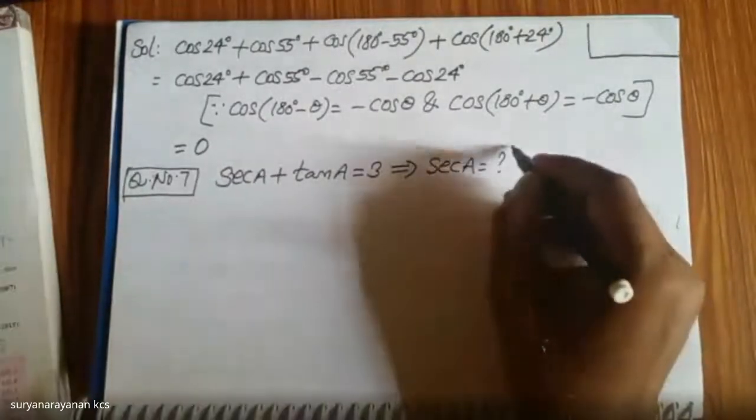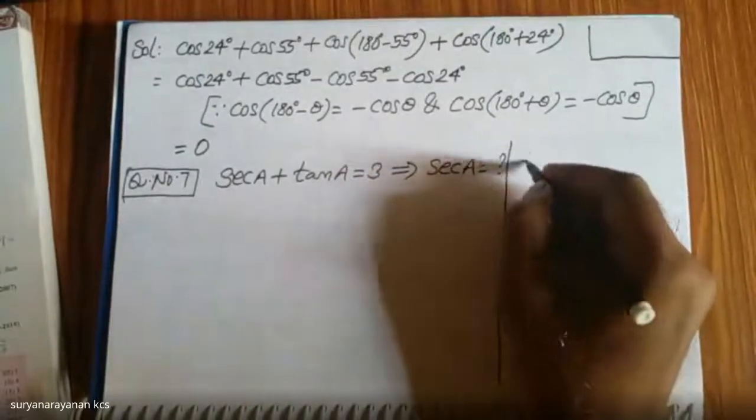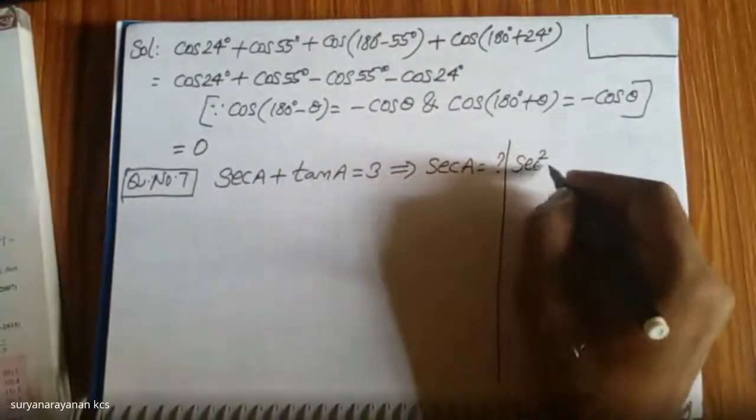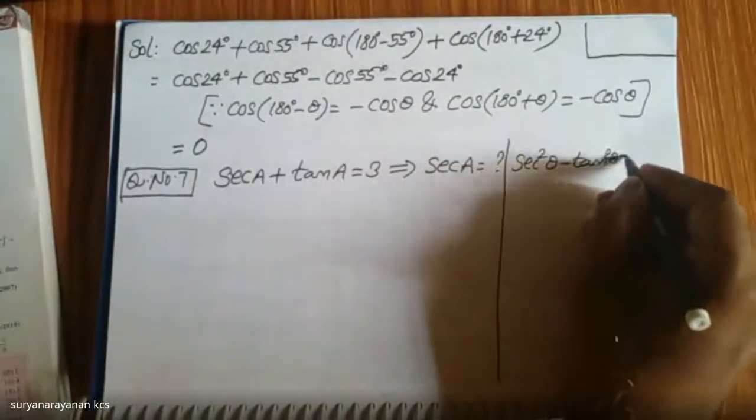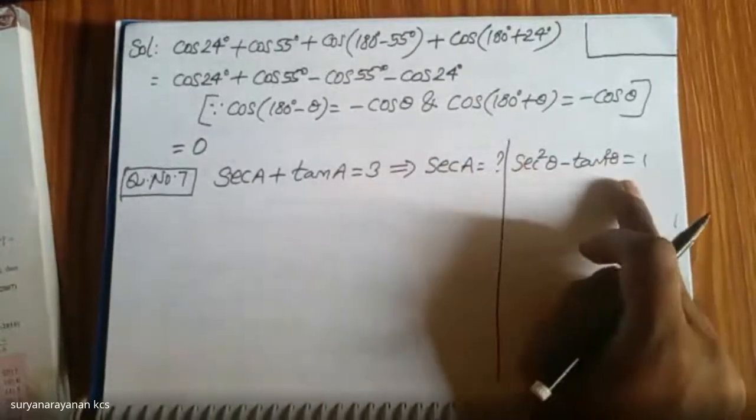You know that secant square theta minus tan square theta is equal to 1. Do you know this trigonometric identity? Yes, sir.